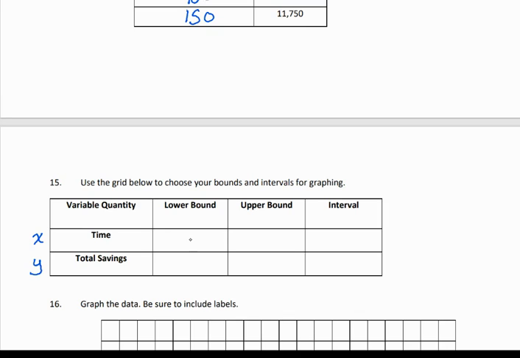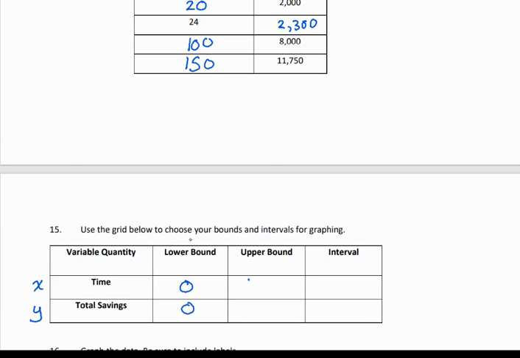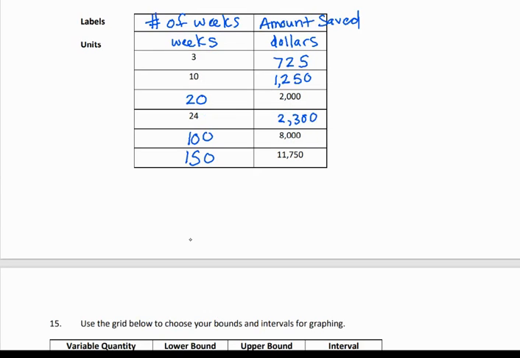What is our lower bound always going to be for now? 0. Good. So we can pop zeros right on in there. My upper bound is my highest. So let's start with time. Let's go back to my time chart. That was our X, number of weeks. And what's the highest number I see there? 150, exactly. So I'm going to put 150 for my upper bound. For total savings, that was the second column, right, where we see money saved.